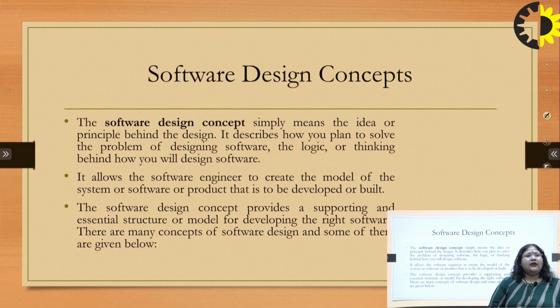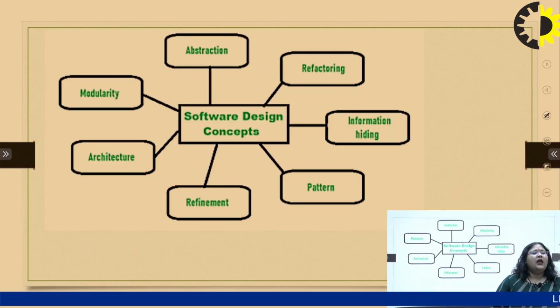Now, the basic concept of design is a principle or idea for designing how we solve problems in a logical, diagrammatic form. So this is the basic formation of the design. This is the concept that we use for designing software.